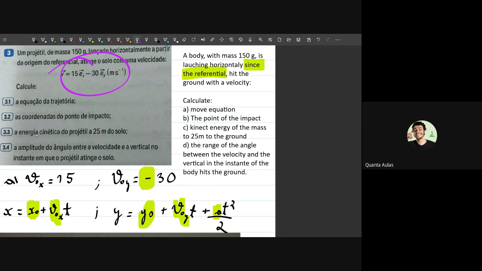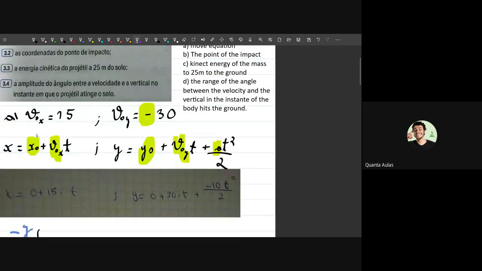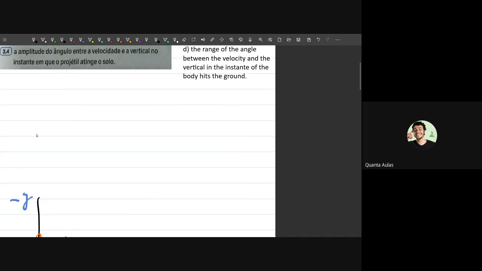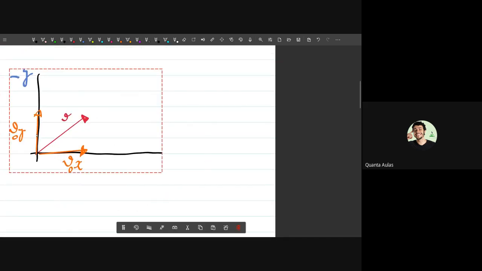Because the question says this is the velocity when the mass hits the ground. In other words, it is the final velocity, man. Sorry, I understood this wrong the first time. So what I did here is wrong. Sad, man. Sorry. I am wrong here, but I will fix this.